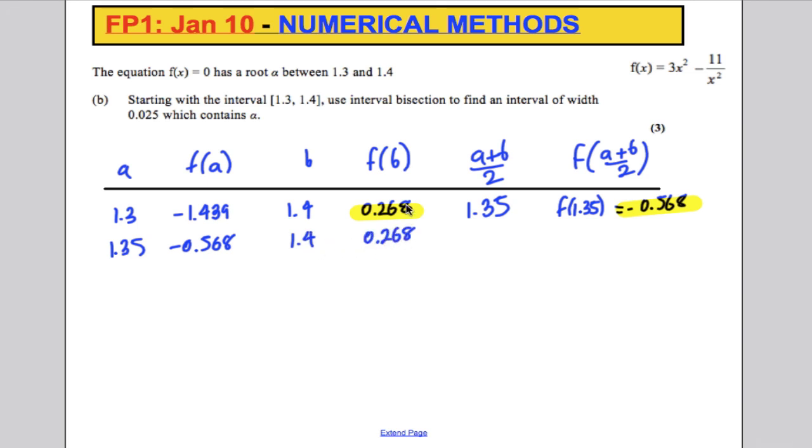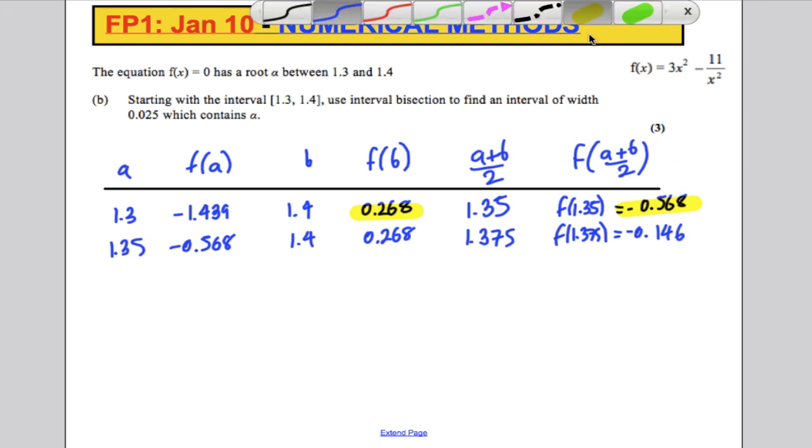Halfway between these is 1.375. If we work out f of 1.375, we get negative 0.146.